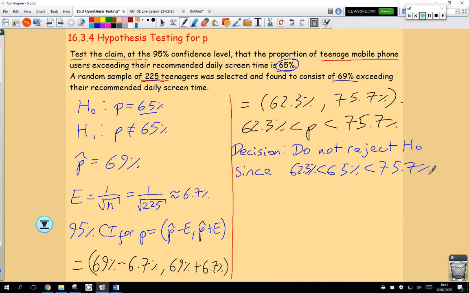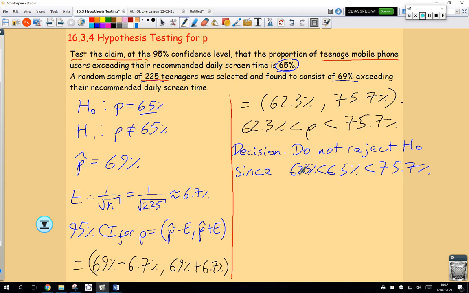It's right in there. It's in the interval. So I will not reject the null hypothesis in this case because the claimed population proportion fits nicely into my interval. It's not less than the lower limit. It's not greater than the upper limit. So I'm not rejecting it.